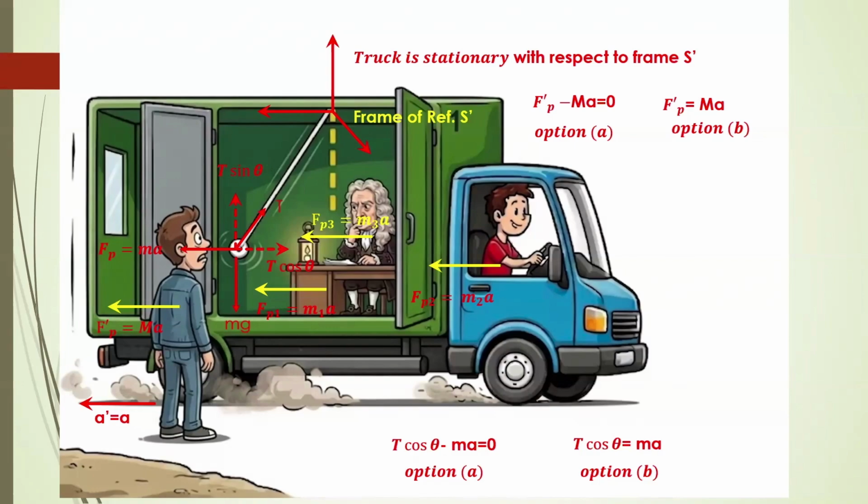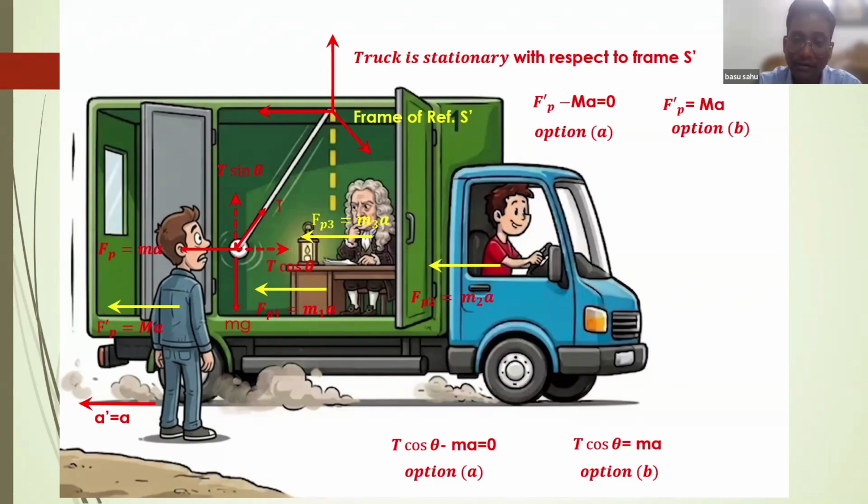If we take him with respect to ground, then he is stationary, meaning no force is acting on him. But when we consider him with respect to frame of reference S dash, then he is moving and the pseudo force is acting on him. Are you sure no force is acting on the man? Gravity is working, yes, external force.